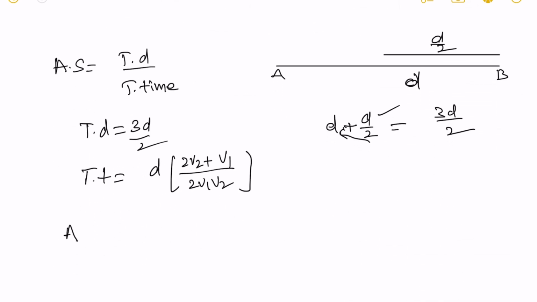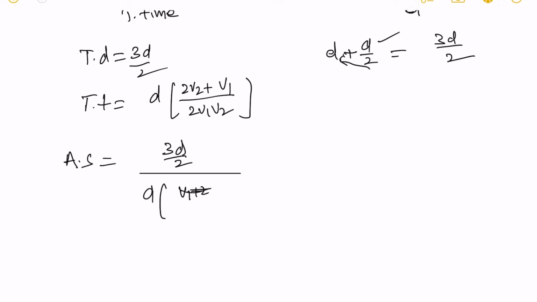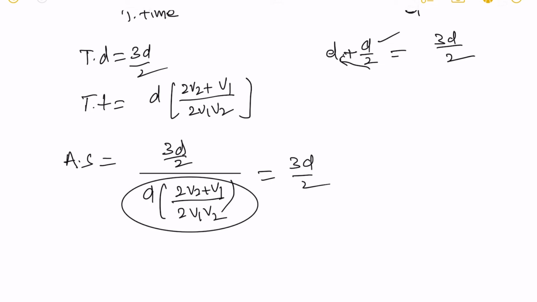So average speed is equal to total distance 3d by 2 and total time d into 2v2 plus v1 by 2v1v2. This is in rational form, bring it up, then it becomes reciprocal. So the reciprocal is 2v1v2 by 2v2 plus v1. So here 2 cancels.